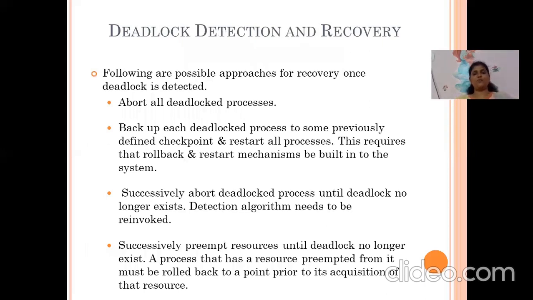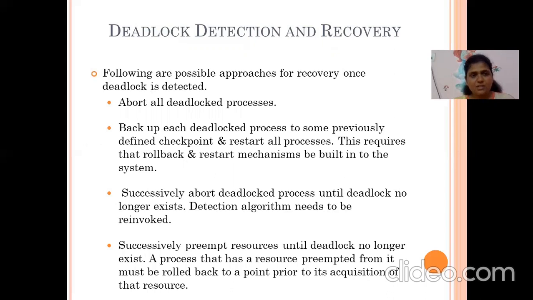Now, as we have mentioned, there are three methods of handling deadlock. One is deadlock prevention, that is, by making any of the four conditions false, we can prevent the deadlock. Deadlock avoidance, by using the Banker's algorithm, we can avoid the deadlock.